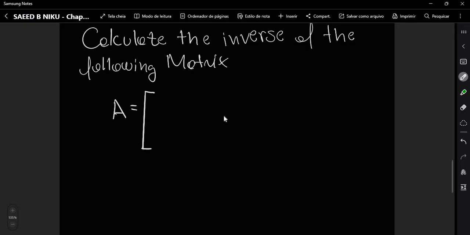It is the matrix A with the terms 1, 0, 1, 0, 1, 4, 5, -2, and -1.